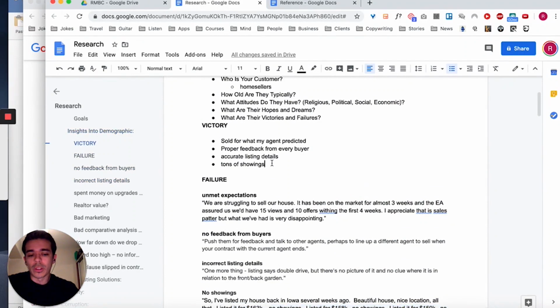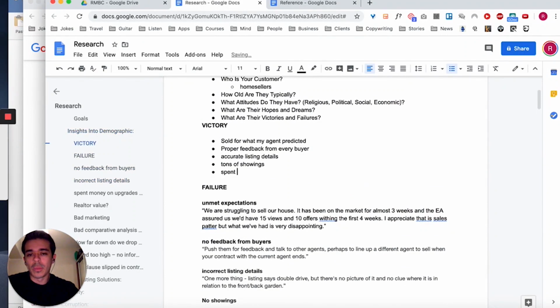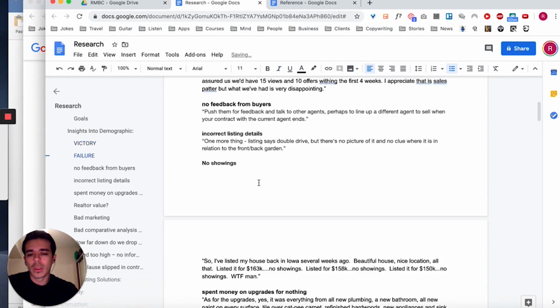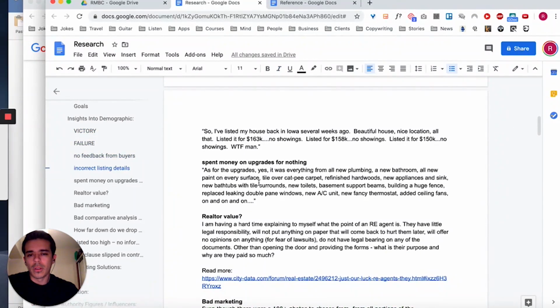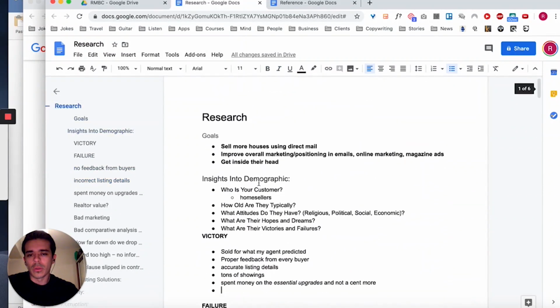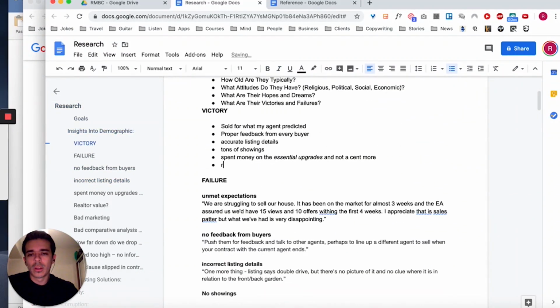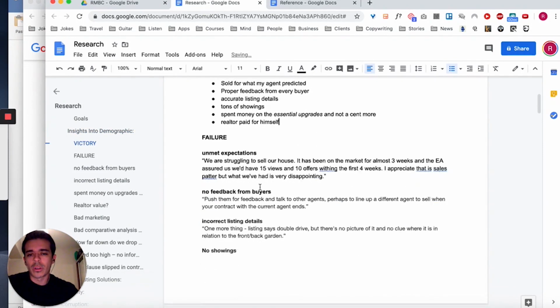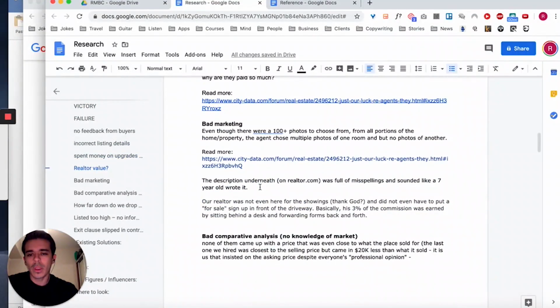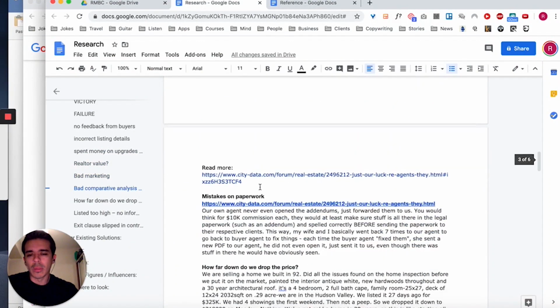Upgrades would be essentially like spent money on the essential upgrades and not a cent more. Realtor value would be like realtor paid for himself or herself. Excellent marketing, excellent CMAs provided.